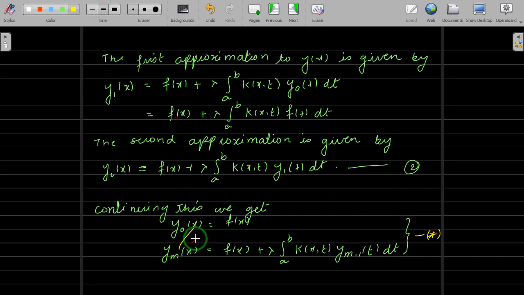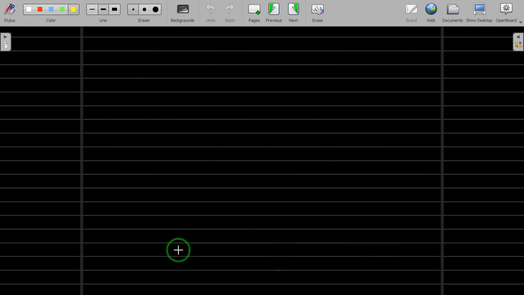Now you can continue like this. We can find m plus 1, m plus 2, and so on. And when you take the limit of this, if it converges, then that will be the solution.